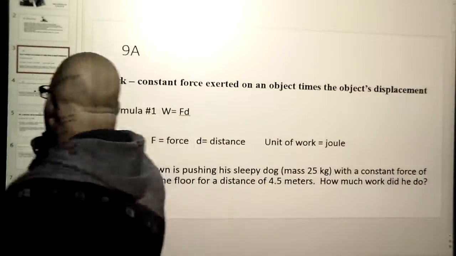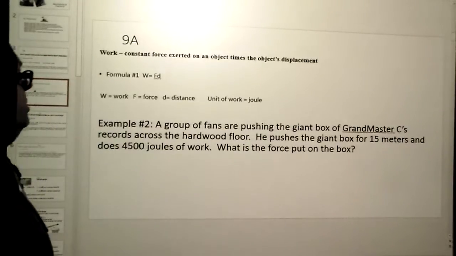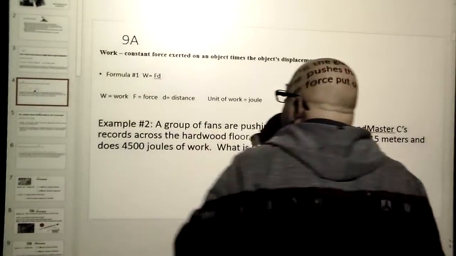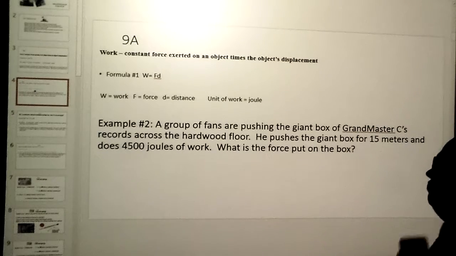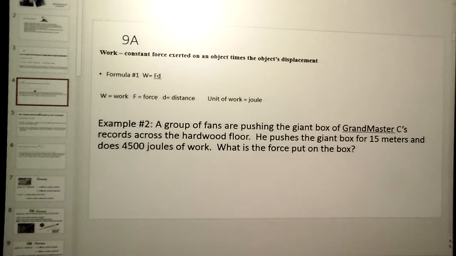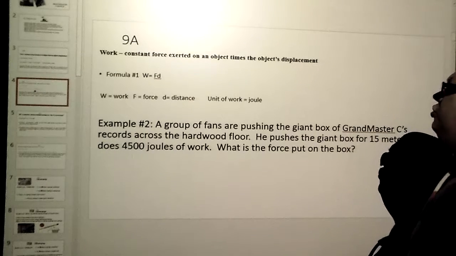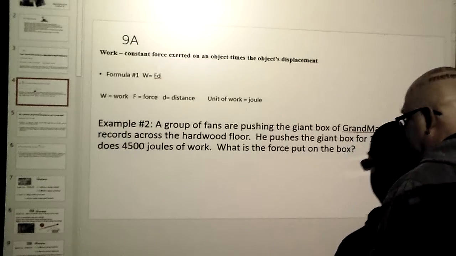So, if we were to go and look at a second problem here, we have a group of fans pushing the giant box of Grandmaster C's records across the hardwood floor. He pushes the giant box for 15 meters and does 4,500 joules of work. What's the force that's put on the box?